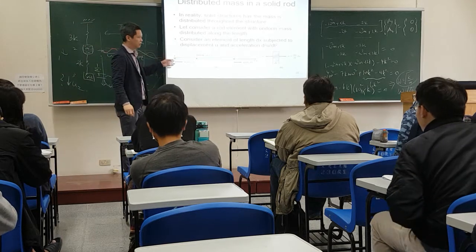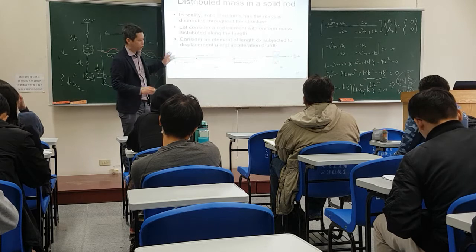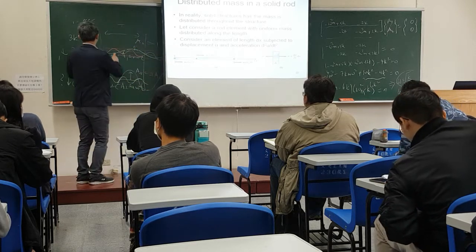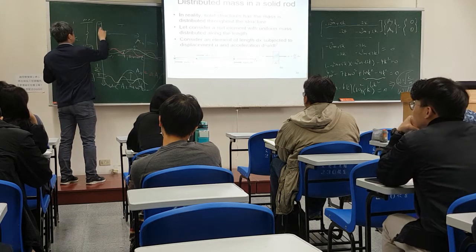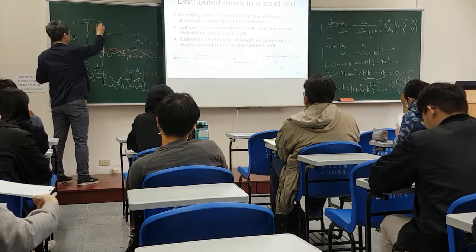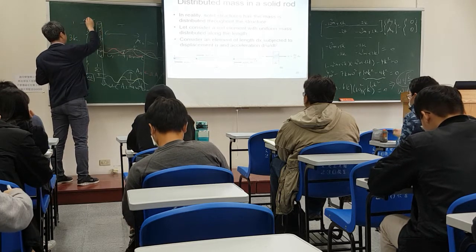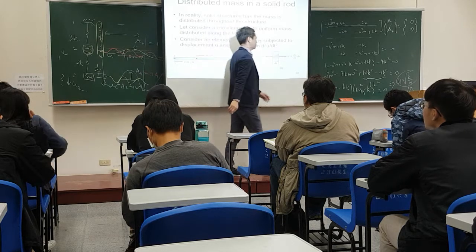But in reality, mass is distributed along the length. So now you have a rod. Mass is distributed along the length. How do you distribute the mass into the nodes? Then we need to make use of the concept of equivalence.